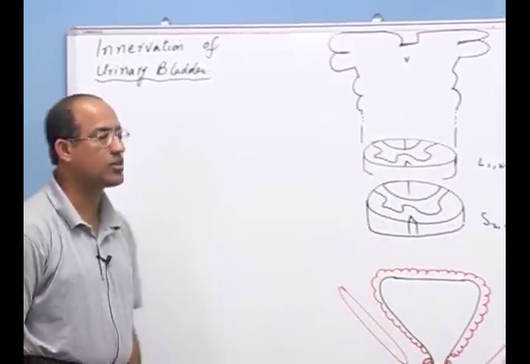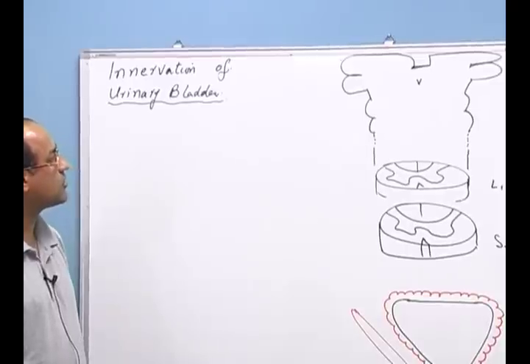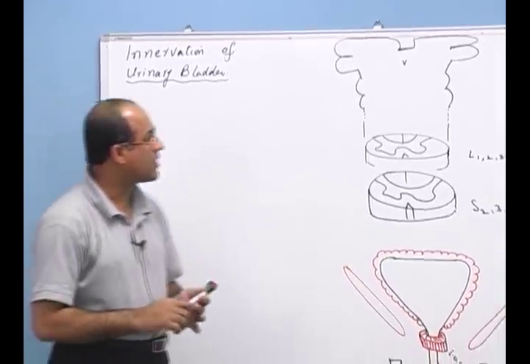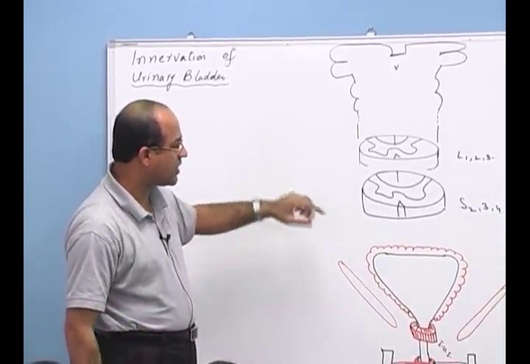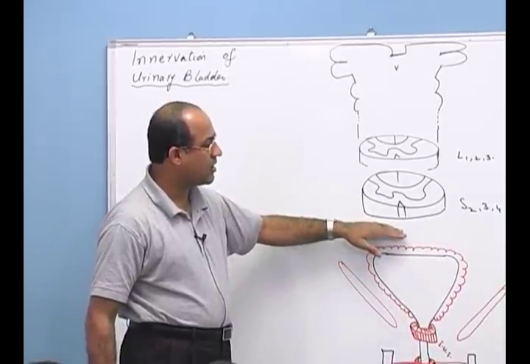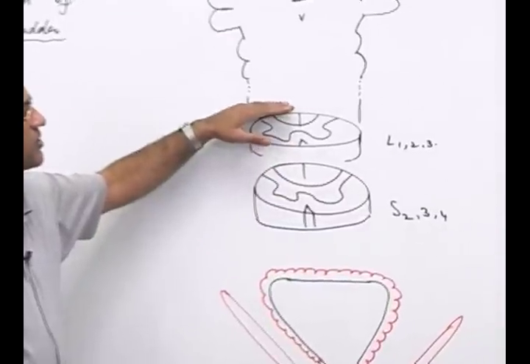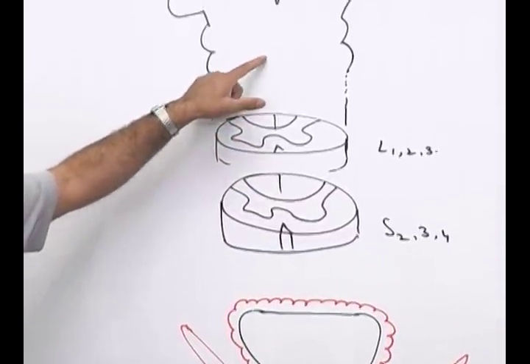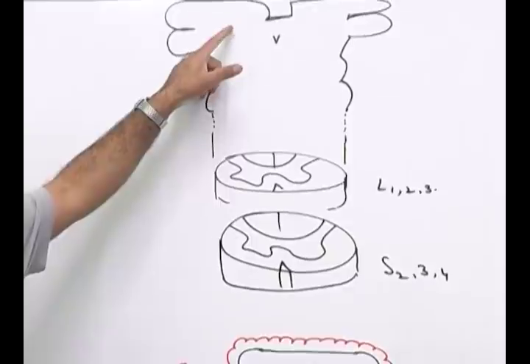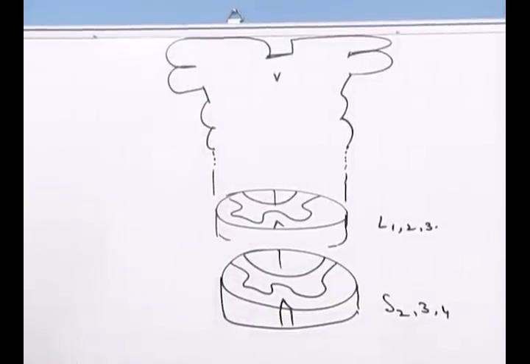Now this represents your central nervous system. Of course, not a very anatomical diagram, but it helps you to understand. Let me tell you, this is sacral area of the spinal cord. Here it is a lumbar area of spinal cord. Then is present thoracic and cervical, and then there is medulla, pons, and higher centers, right?